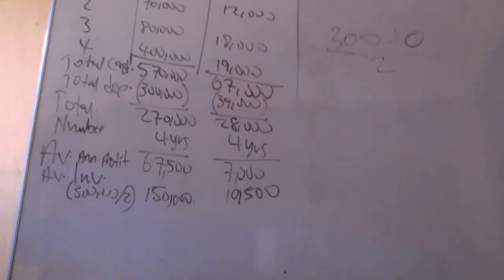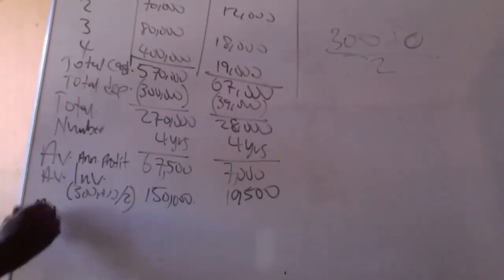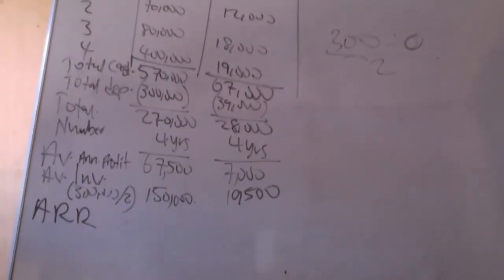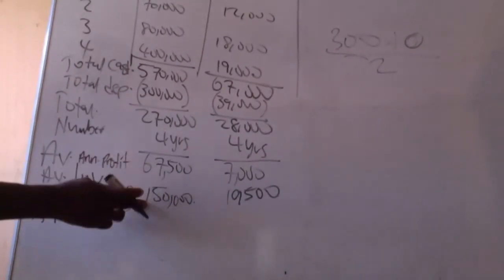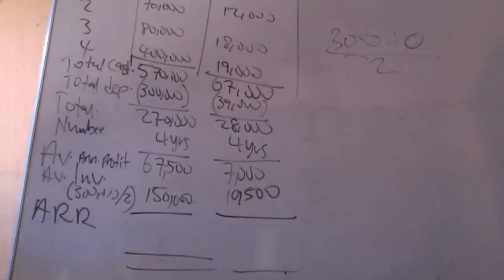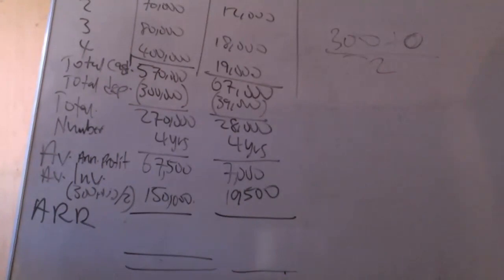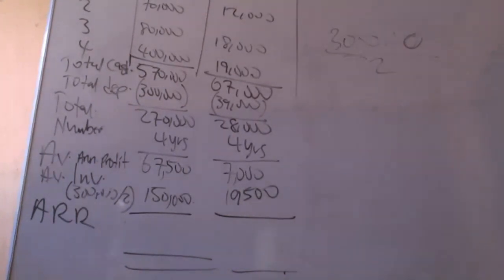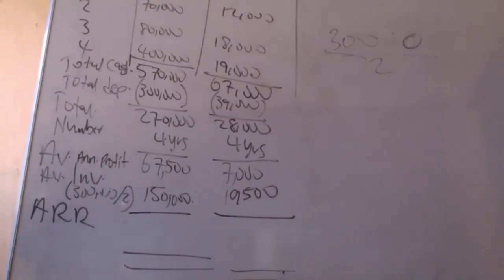Okay, what do you get? So ARR will be over here, this divided by this, right? Then we get a percentage. So it is 45% and 35%. Good.